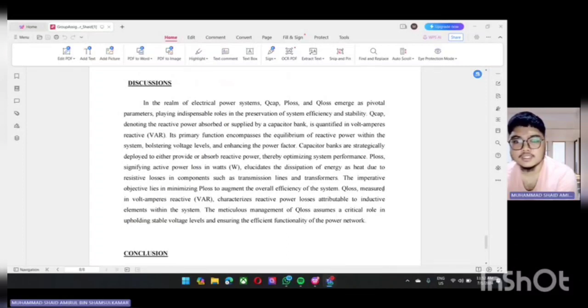Q losses, measured in volt amperes reactive, VAR, characterize reactive power losses attributed to inductive elements within the system. The meticulous management of Q losses assumes a critical role in maintaining stable voltage levels and ensuring the efficient functionality of the power network. That's all for me.